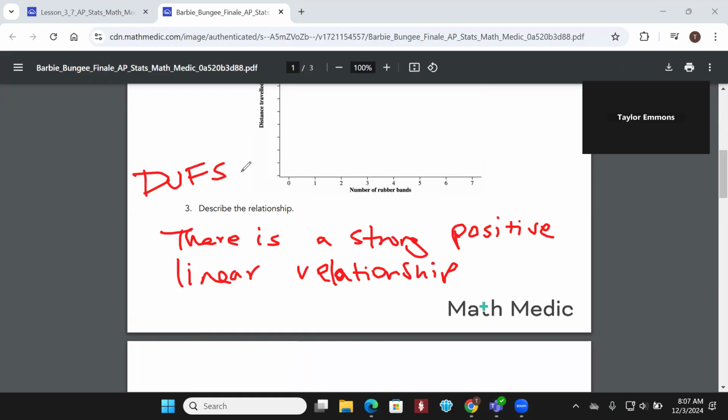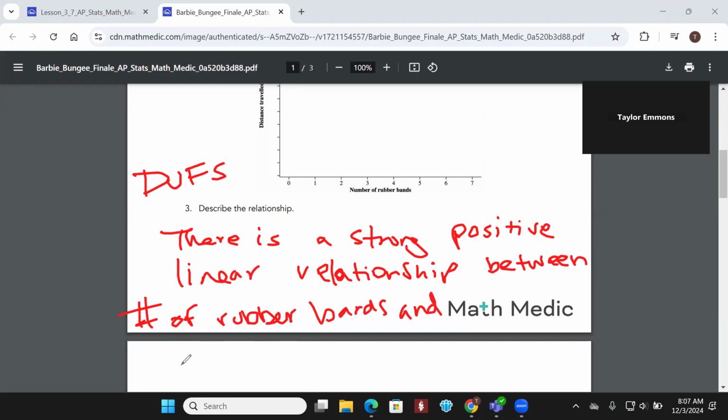I always have you ever seen The Simpsons? It's some way to remember it. So relationship between, and we've got to put it in context, number of rubber bands and distance traveled.